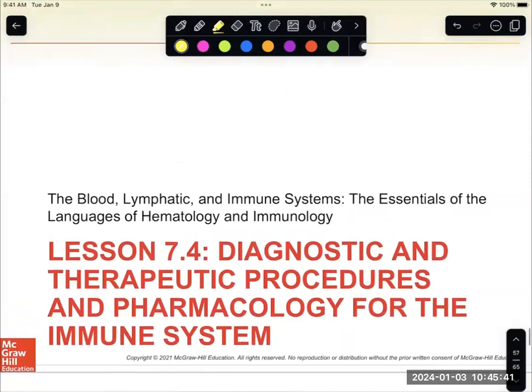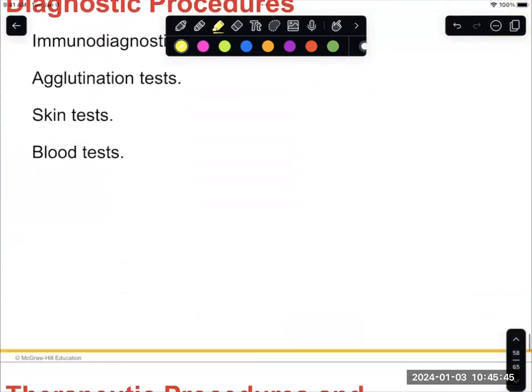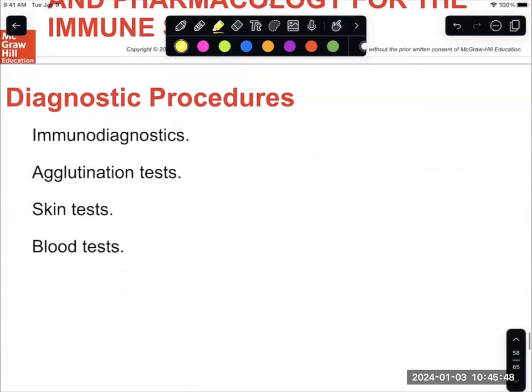Diagnostic and therapeutic procedures and pharmacology. So immunodiagnostics utilize antigens and antibody reactions. An antigen is used to detect an antibody, and an antibody is used to detect an antigen.